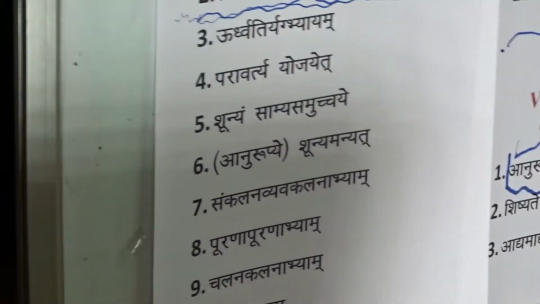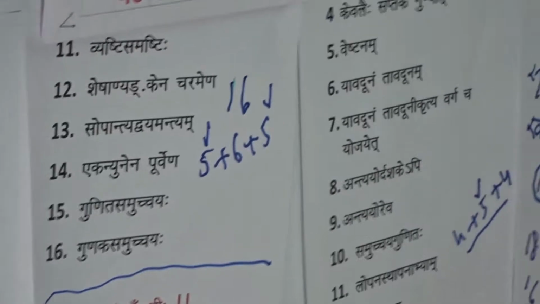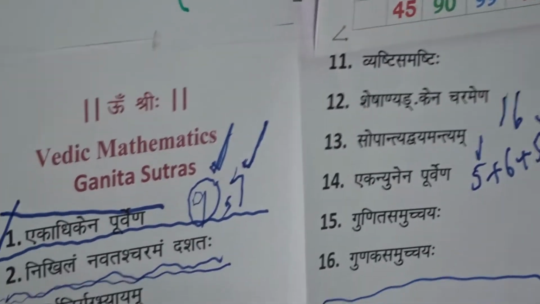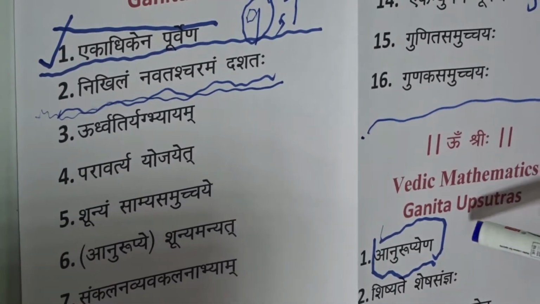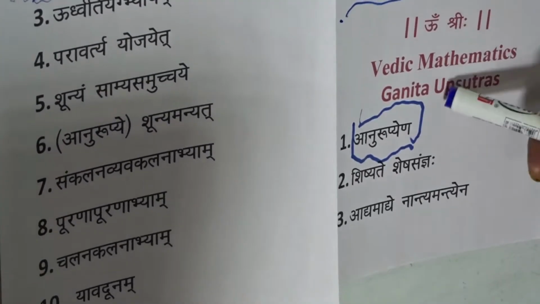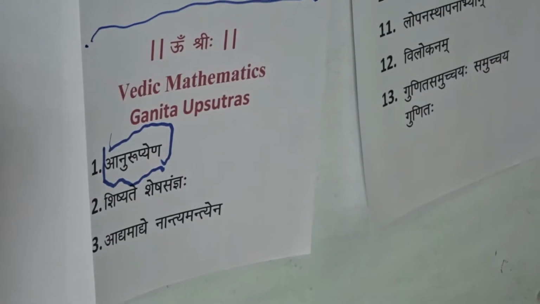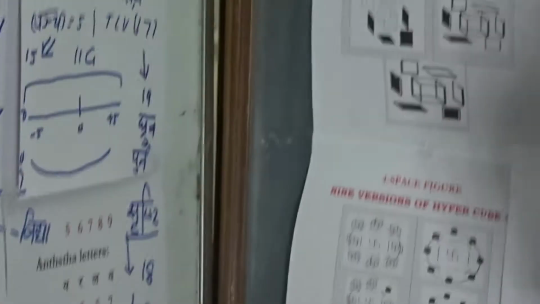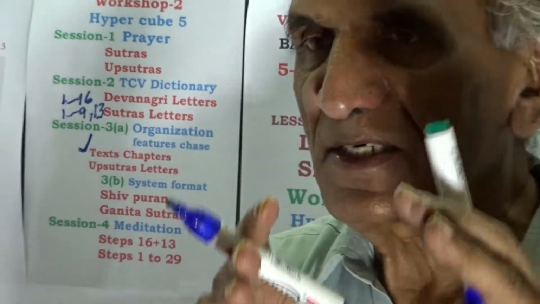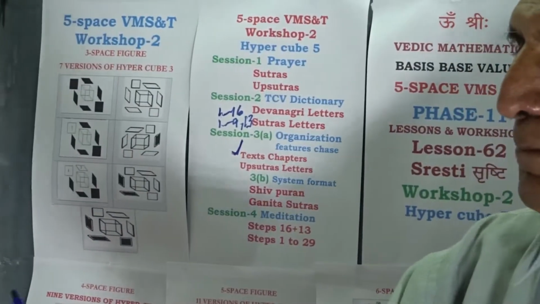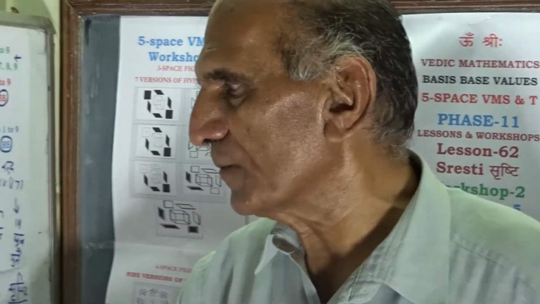We can have a pause and take note that Ganita Sutra 1 is of the text of 10 letters, and this value 10 is parallel to the TCV values range of the 36 letters availed by the text of Ganita Sutras and Upsutras.